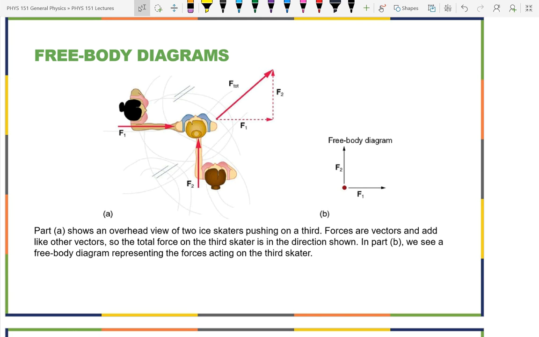In my jumping example, I left the ground. I had an upward acceleration. If I had an upward acceleration, what does that tell you about the net force on my body? According to Newton's second law, acceleration is equal to net force divided by mass.